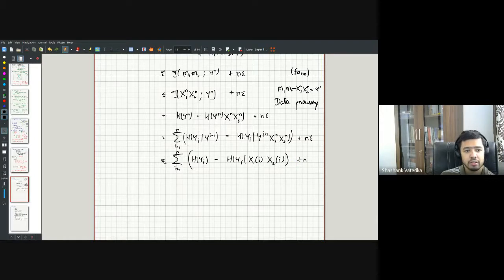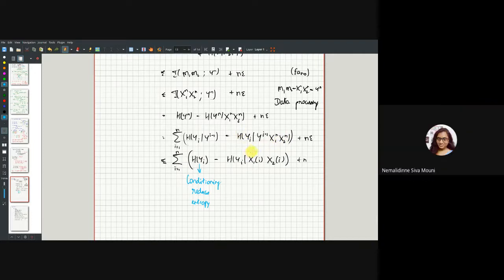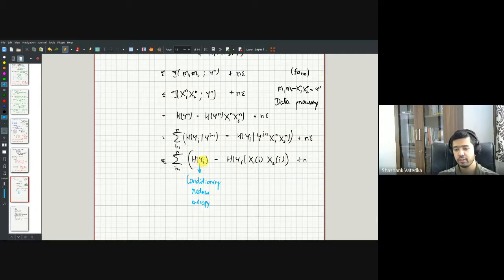Can I make this statement somehow? Obviously I can't use an upper bound for this. I can't use the fact that conditioning reduces entropy, because I have the negative sign.